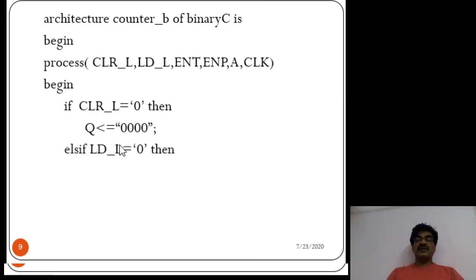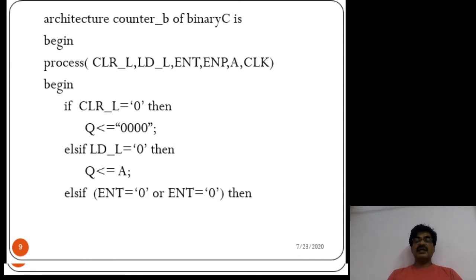Else if, I am going to check the second priority input, that is load. If load is 0, what happens? Whatever data is on input A is loaded into the counter. So with the signal assignment statement, I represent it as Q <= A. Else if, next I am going to check ENT and ENP.